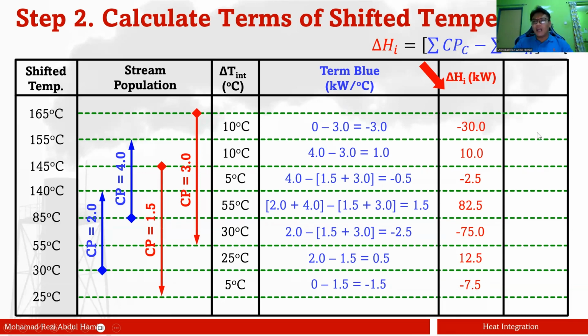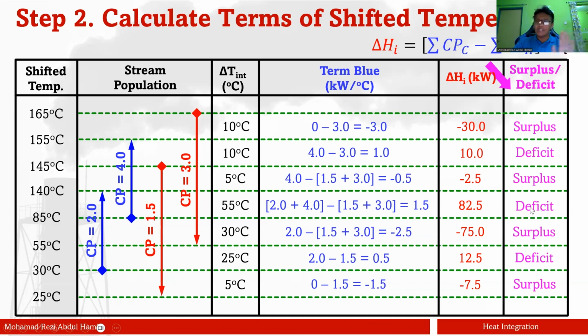Okay, it's done. What do we need to do with the last column here? The last column is basically a designation of whether the heat is a surplus or deficit. How can I identify those? Any negative enthalpy in the second last column will be considered as surplus.